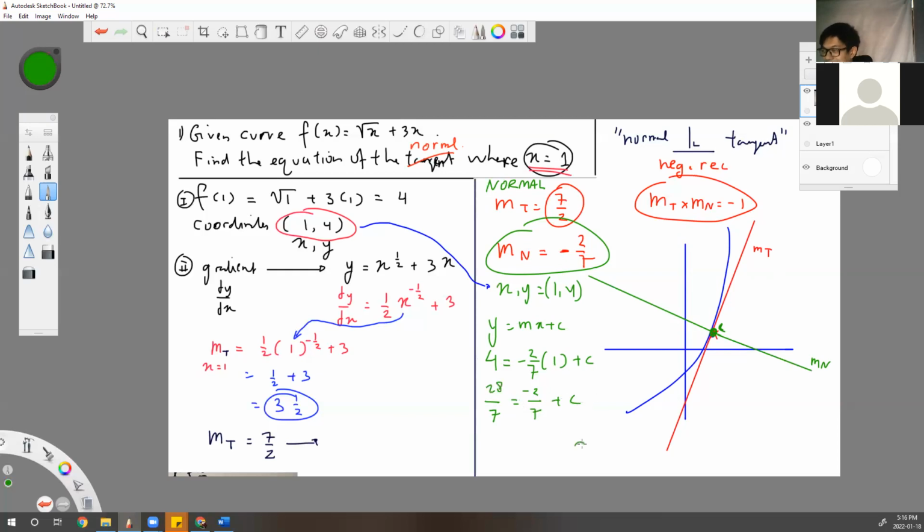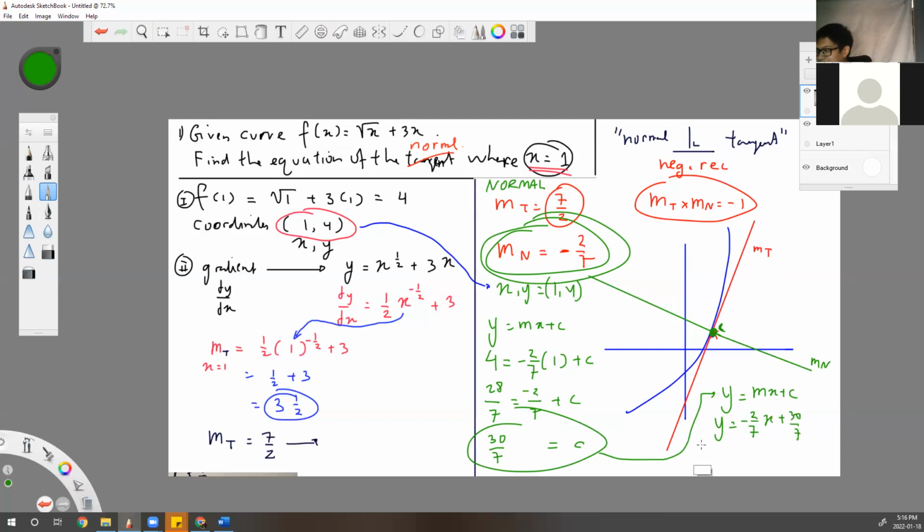So c will be, moving to the left side, 28/7 plus 2/7, so 30 over 7. See, the 30 over 7 comes out, and it's quite simple now. After you get the gradient and the intercept, just write y equals mx plus c. So y equals negative 2 over 7 x plus 30 over 7. Or if you want to make it simpler, multiply by 7. So 7y equals negative 2x plus 30.